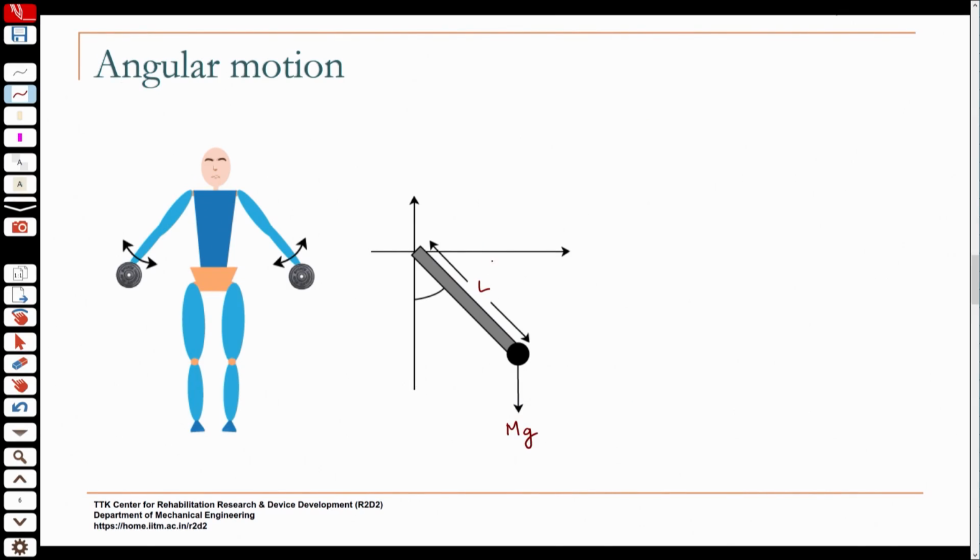If you have a person exercising like this, lifting a dumbbell, doing arm abduction, adduction, in a controlled fashion, that can be modeled by again a weightless rod to which let us say this mass mg is attached.